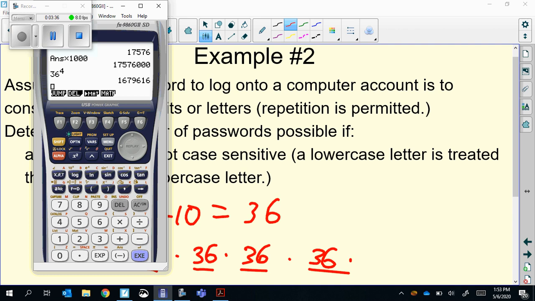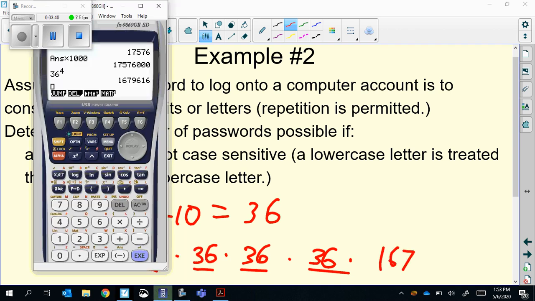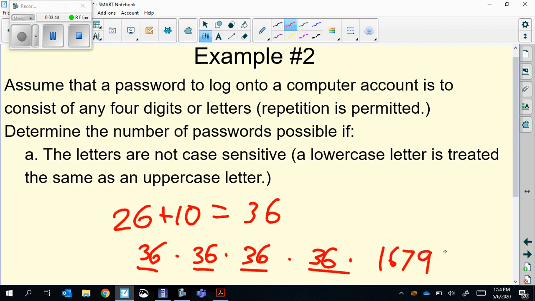And again, if you want to fill in your commas, that is 1,679,616. Lots of options there.